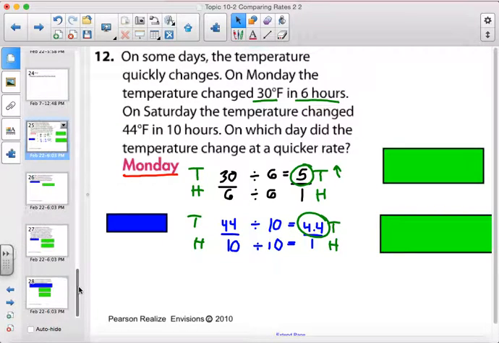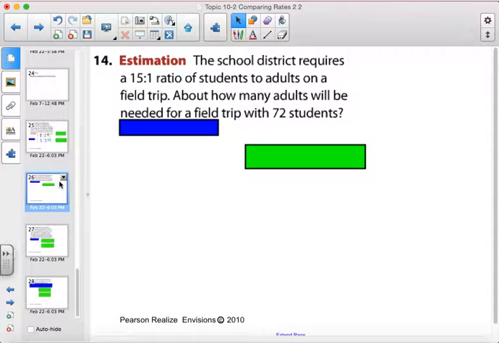Let's take a look at another problem. See if you can solve problem number 14. All right, hopefully you paused the video and restarted it to see the answer. The school district requires a 15-to-1 ratio of students to adults on a field trip.